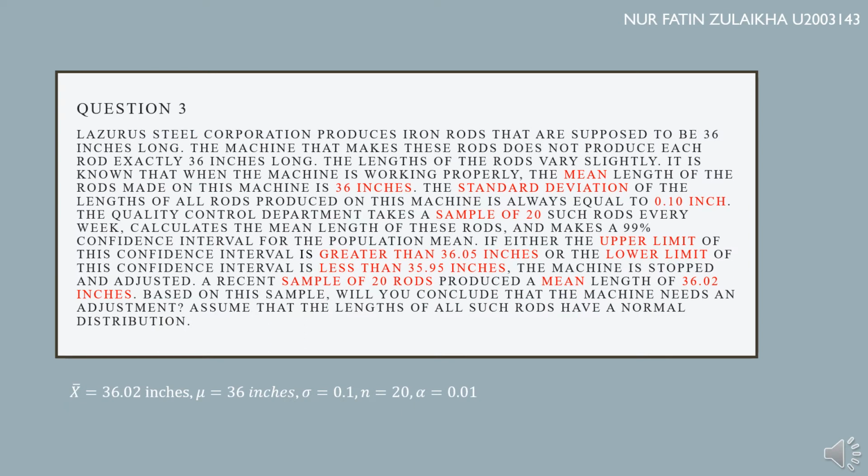For question 3, it stated that Lazarus Steel Corporation produces iron rods that are supposed to be 36 inches long, but they are not exactly 36 inches long per rod. From the question, the mean stated is 36 inches and the standard deviation is 0.1 inch.